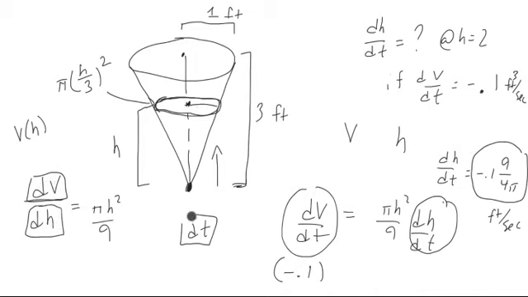Now let's put a dt in here. To do that, we can multiply both sides of this equation by dh. Now, technically speaking, can we move these symbols around like that?